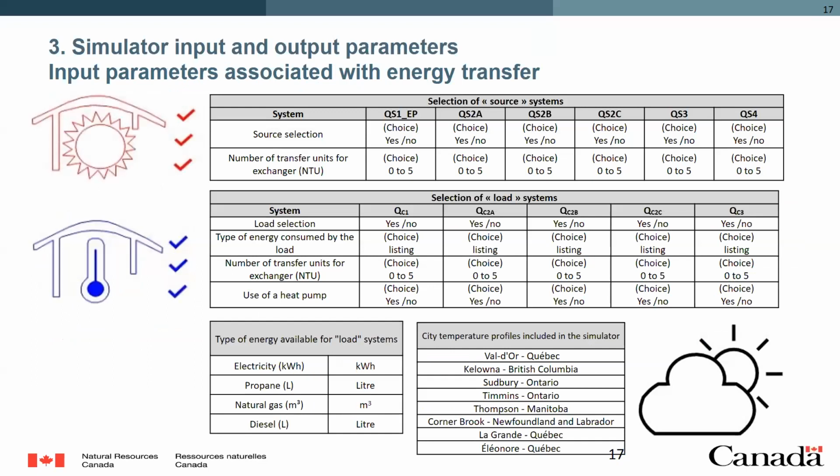Now, after you loaded all these parameters into the simulator, now comes the point of choosing what are the systems that you want to use to do the energy transfer.